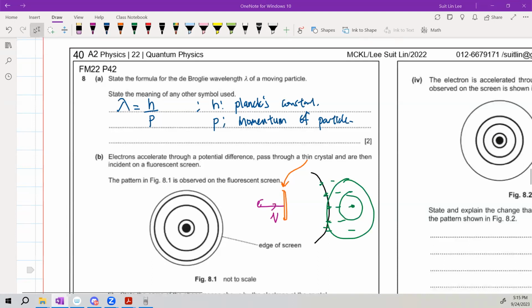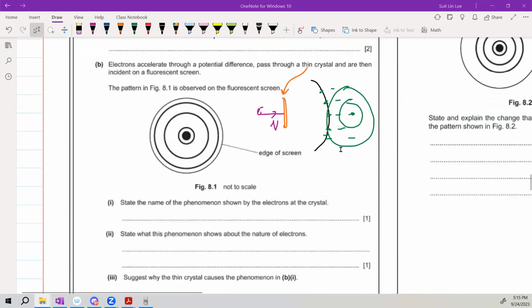Next, name the phenomenon shown by the electron at the crystal. This is electron diffraction. State what this phenomenon shows about the nature of electrons. Electrons have wave properties.